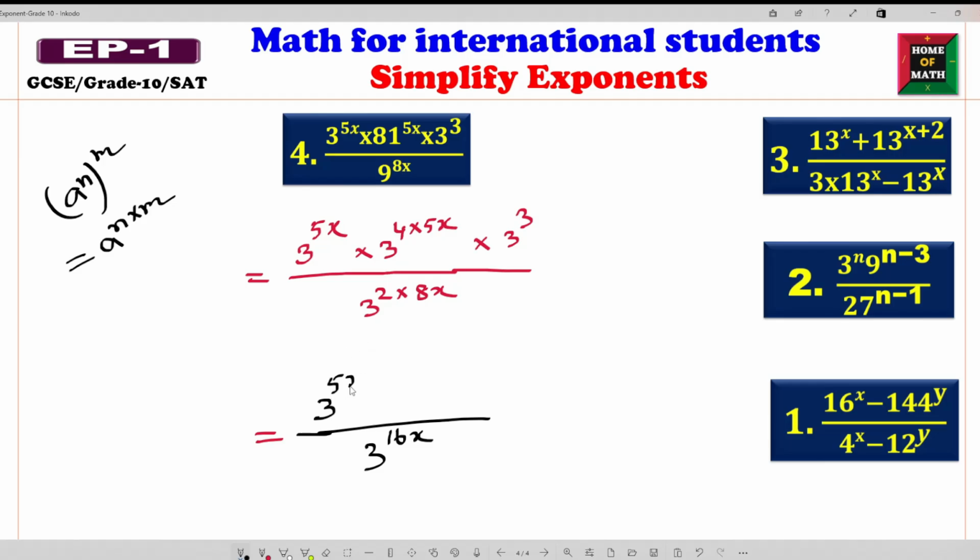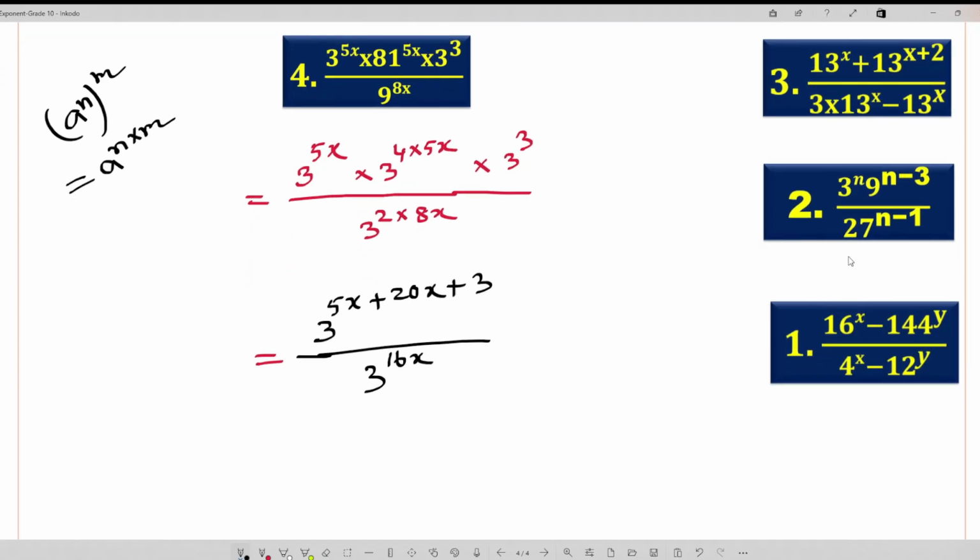So 5x plus, here is 4 times 5 means 20x, plus 3. Okay, then this one is 3 to the power 25x plus 3, divided by 3 to the power 16x.